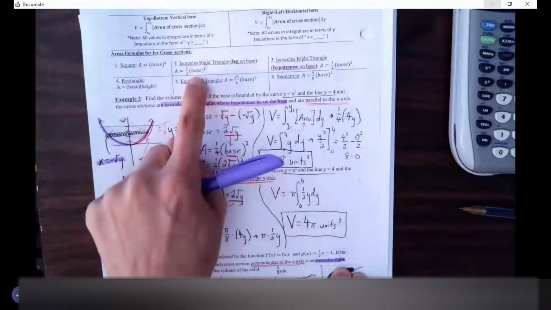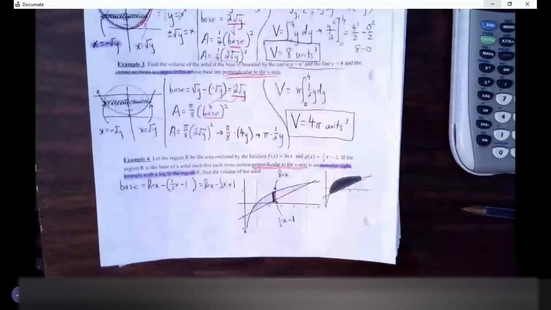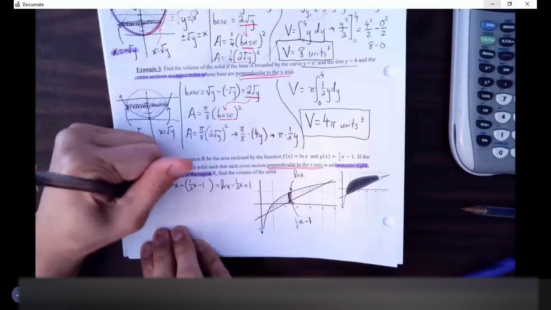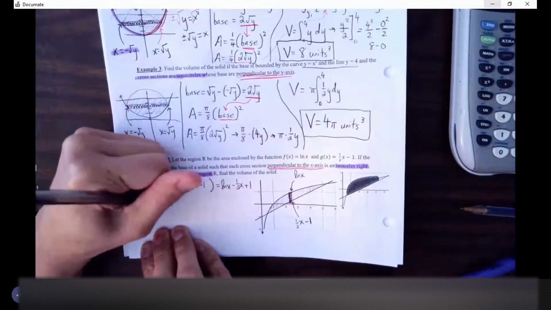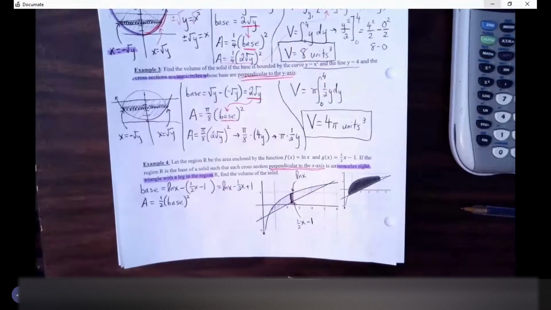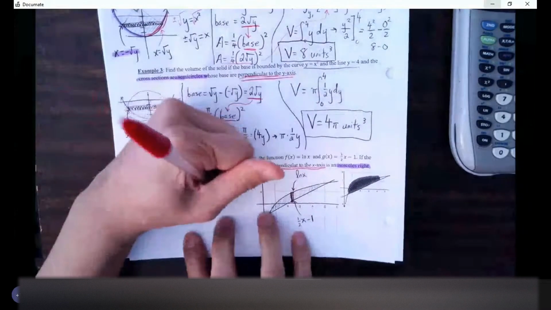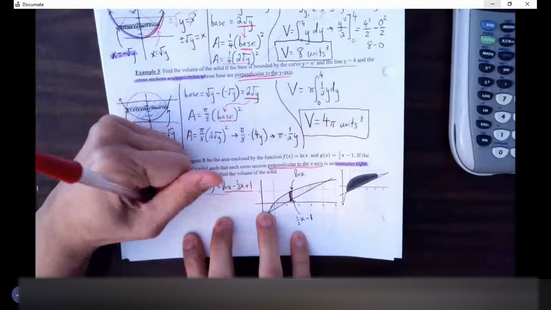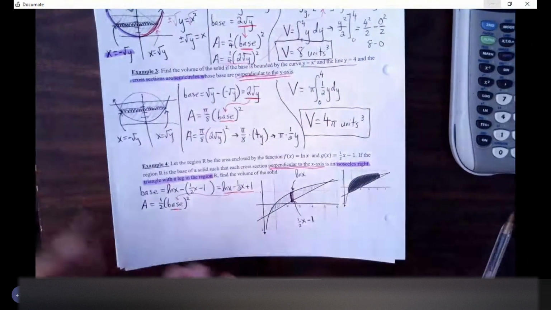That's going to be 1/2 base squared. So I'm going to take my specific base value and insert it into the base of my formula that I've identified.